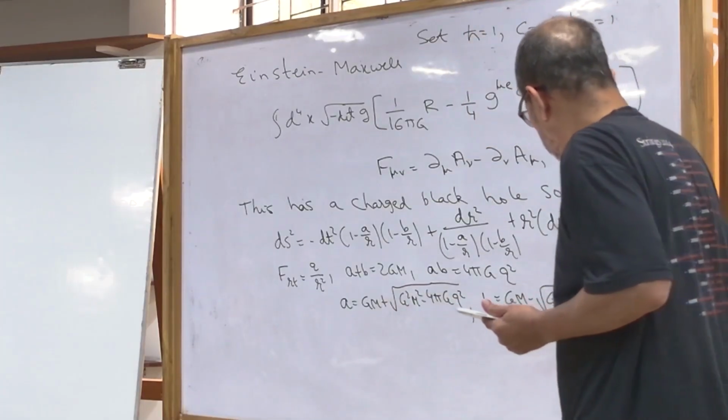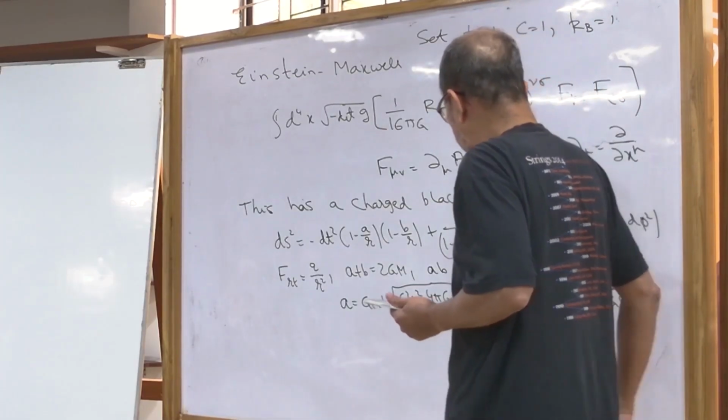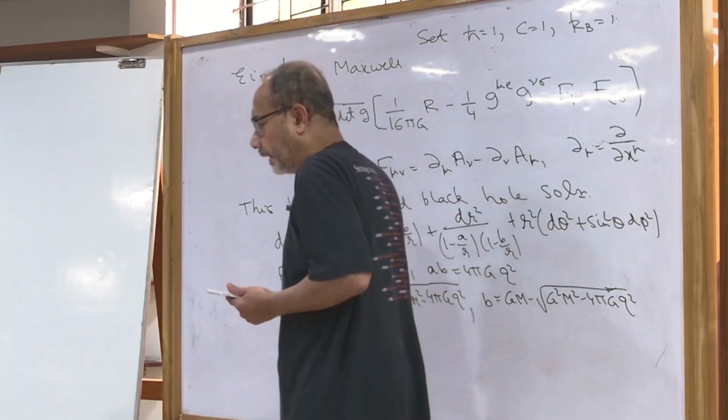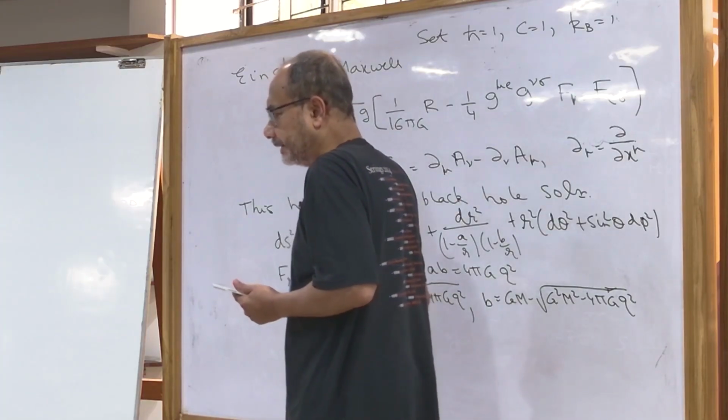Q is the charge of the black hole, because the RT component, this is the electric field, goes as Q over R square.